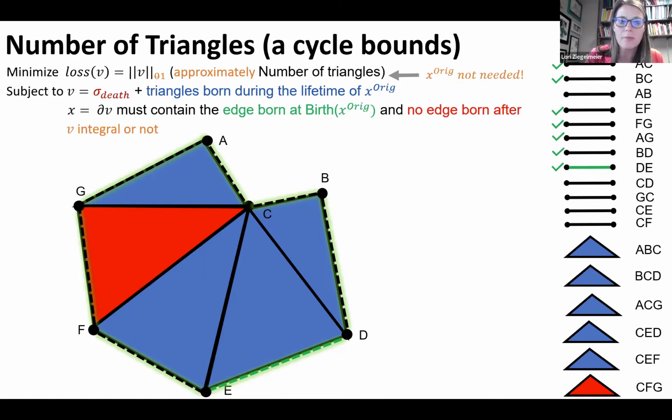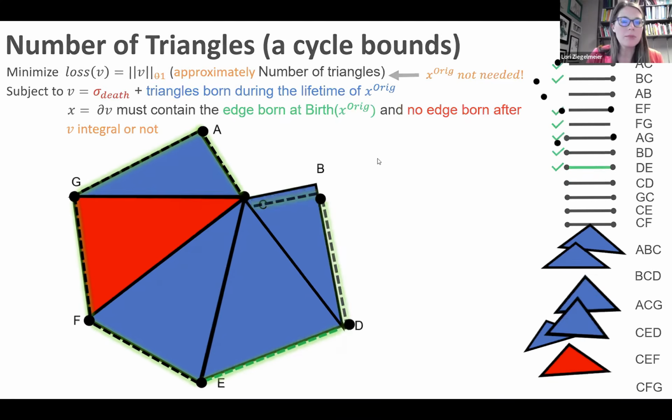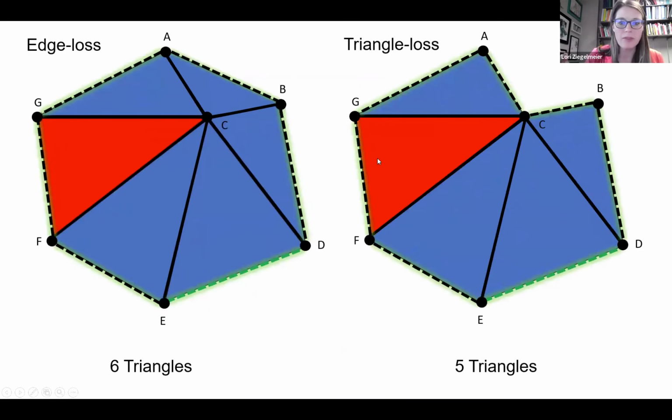We just need the simplex-wise filtration and to be able to say what the death simplex is and what the birth simplex is, and then proceed from there. Now, something else to keep in mind is that these are different notions of minimization, so you can get different cycle representatives. The edge loss method has fewer edges, but more triangles. The triangle loss method has more edges, but fewer triangles.